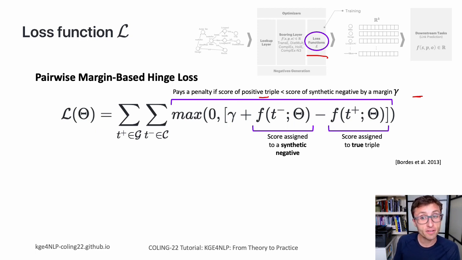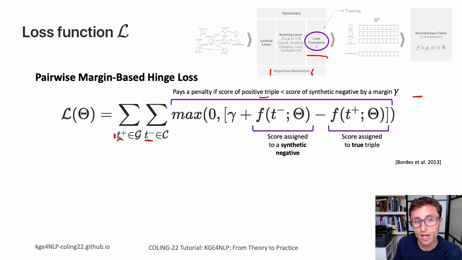Now, we haven't said a word about synthetic negatives. We will touch upon that negative generation component in a couple of slides, but pretend there are a bunch of negative triples, facts which are not factually correct, and they are associated with and merged with facts from our knowledge graph, positive statements, factual knowledge from the training set. Now, we process triple by triple in this nested loop.